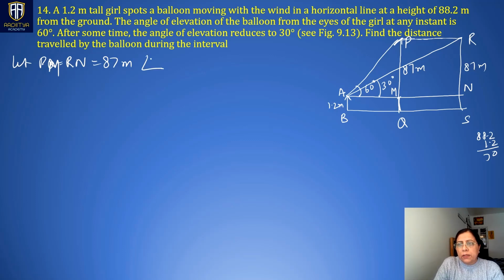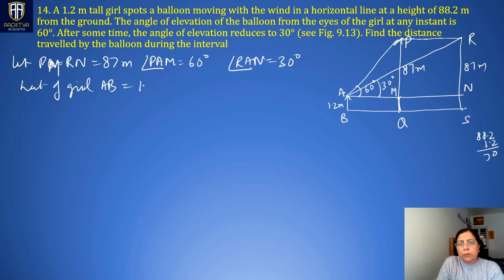And angle of elevation PAM is 60 degrees and angle RAN is 30 degrees. Height of the girl is AB equal to 1.2 meters. So now we have adjusted the girl's height from the height of the balloon.